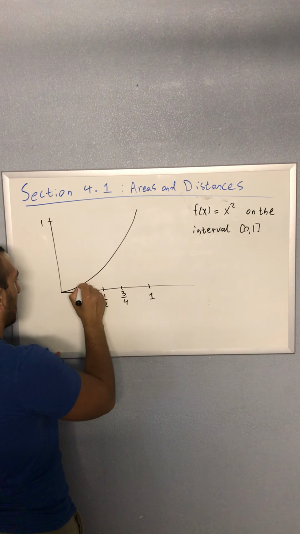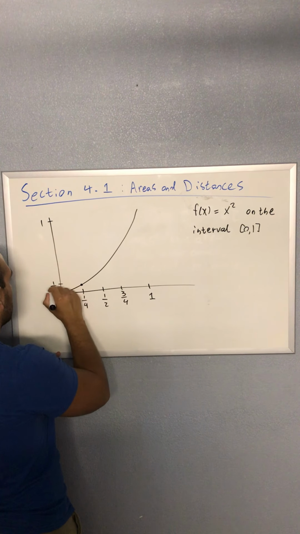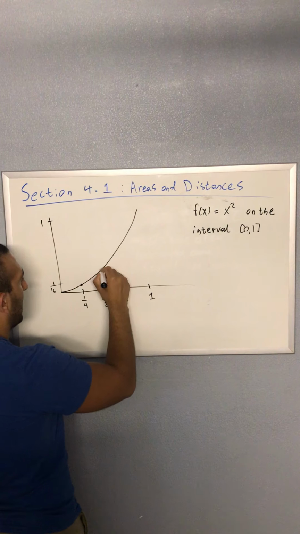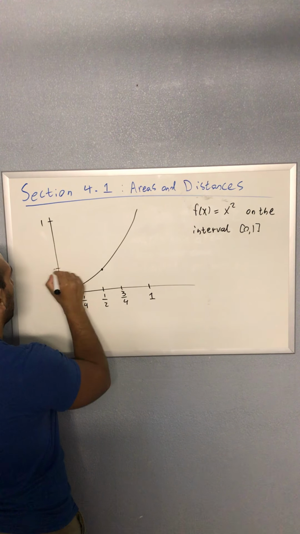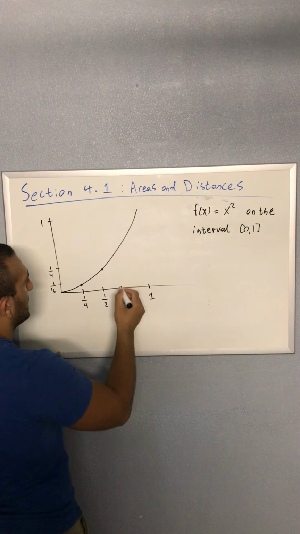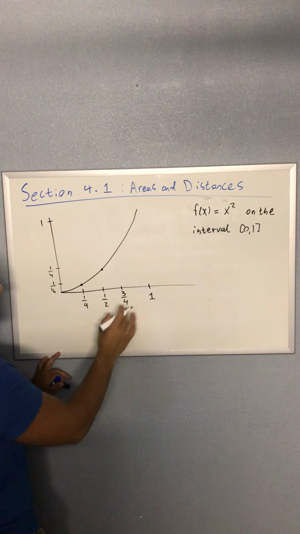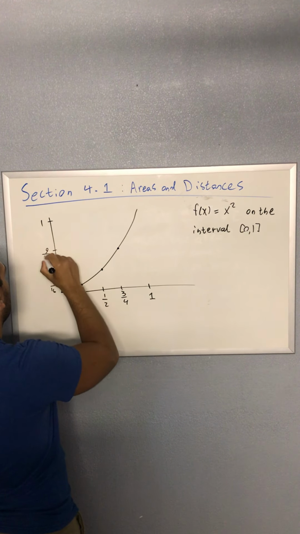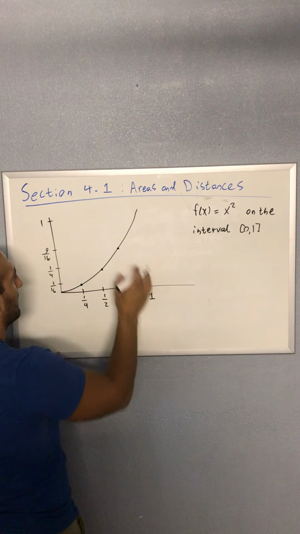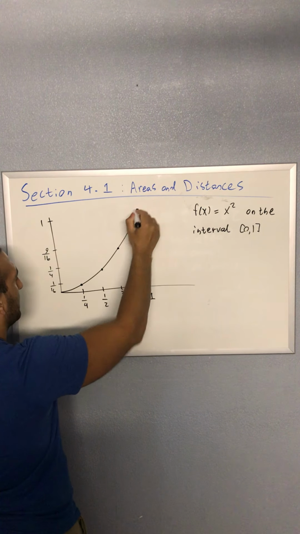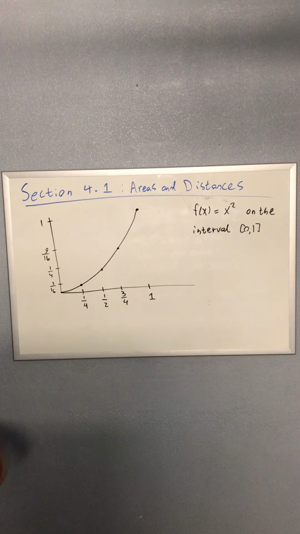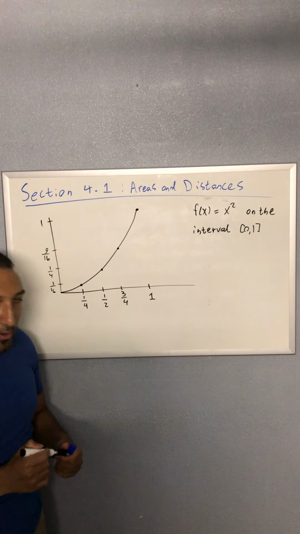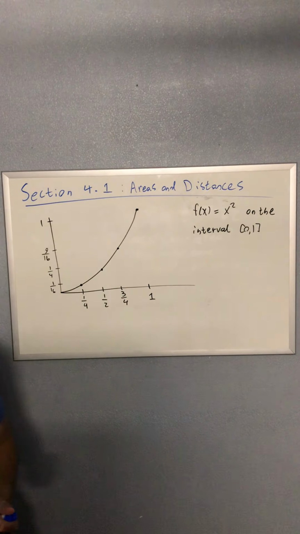If you square a half, you get 1/4. If you square 3/4, you get 9/16. And then if you square 1, you get 1. Okay? And you'll see why in a second that I'm drawing attention to these points.